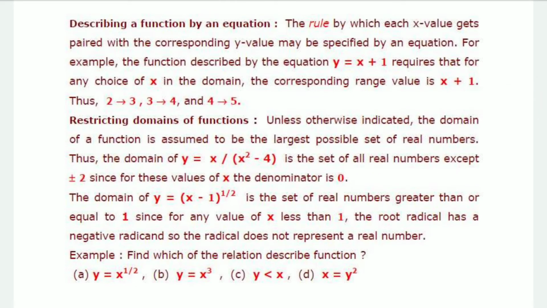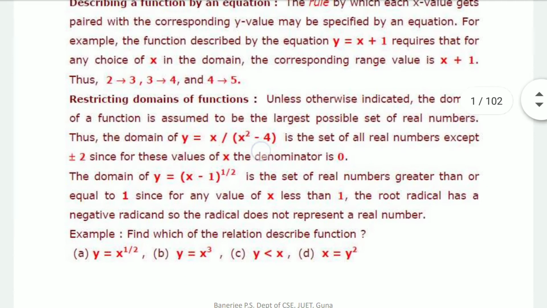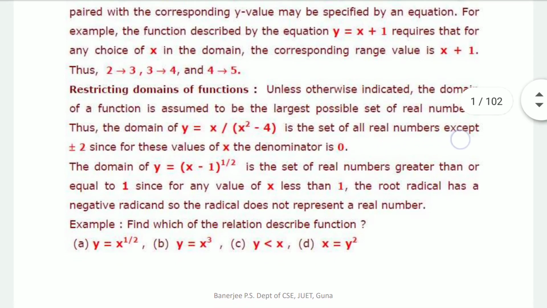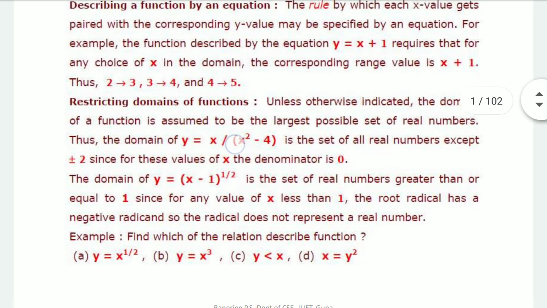Now, if this is true, then the domain of y, stated by the rule given here, is also a set of all real numbers. Then the restriction to be put up here is: does this relation hold true for all real numbers?